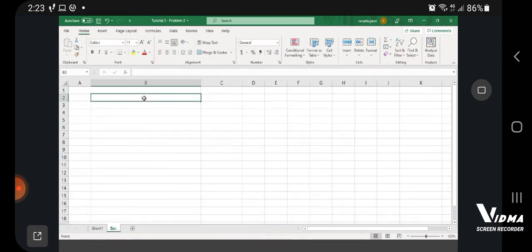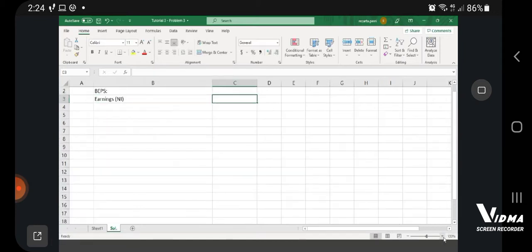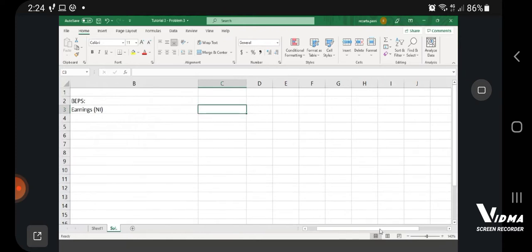Again, I will follow the same approach of calculating first the basic earnings per share and then the diluted earnings per share. We start with earnings available to the common shareholders. Here they are the same as net income because, as we explained, there are no preferred shares in the equity structure of the company.